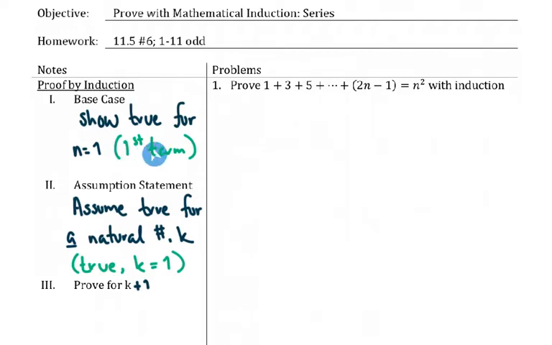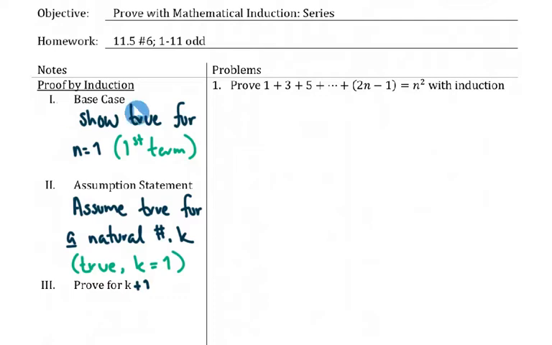The idea is if it's true for 1, and then it's true for 1 plus 1, then it's true for 2. Being true for 2 makes it true for 2 plus 1, which is true for 3. And then that proves it's true for 4 and true for 5 and so on. This seems like a weird kind of proof, but it works really well with series because we just keep adding on these integer terms each time.